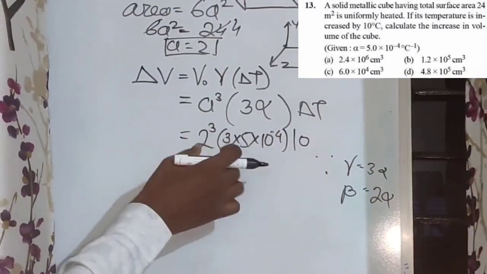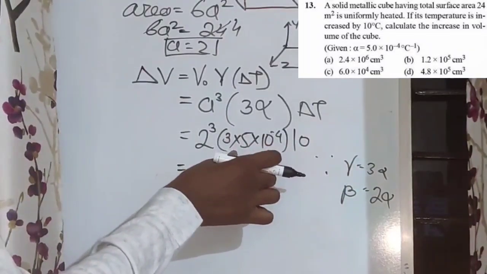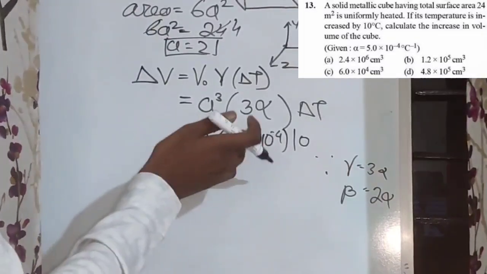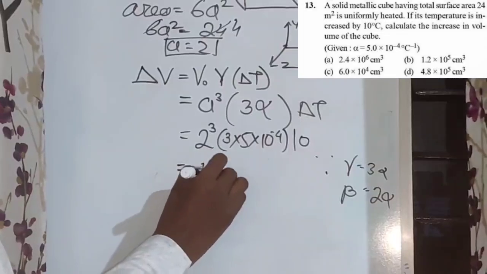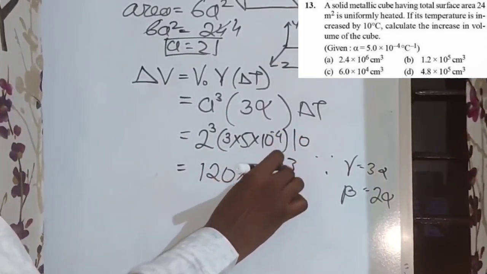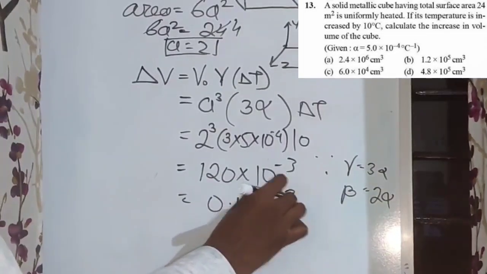So 8 times 10 is 80, into 3 is 240, into 5, or directly we can write 15 times 8 equals 120, into 10 to the power -4 and 10 to the power -3 and it becomes 0.12 meter cubed.